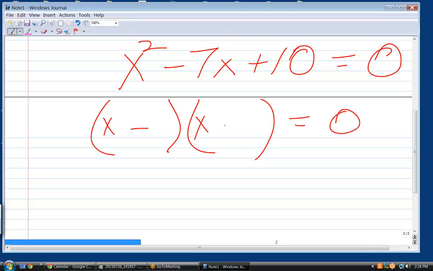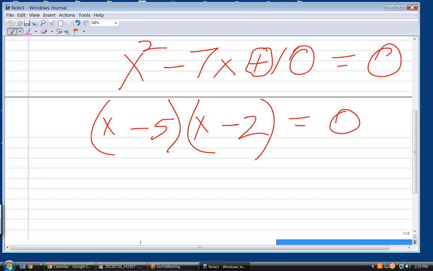Minus, because minus times minus will give me the plus 10, and it's also going to give me a negative as a middle term. Now I'm looking for the same thing. I'm looking for factors of 10 that add to 7. So my answer is still that and that. Okay? So as long as this is a plus sign, these are relatively straightforward and simple.